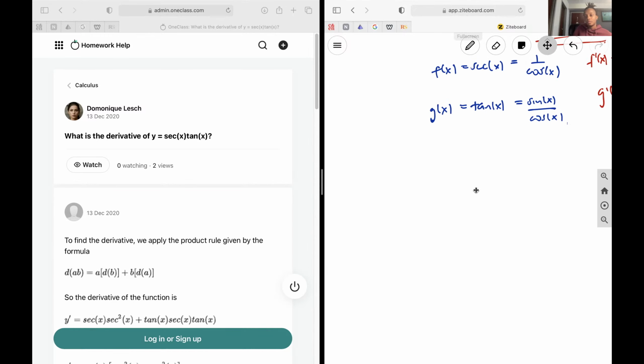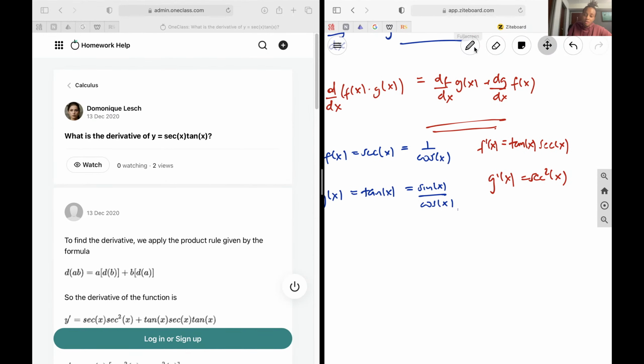Okay, so back up here, I put this all back into this formula, and I get that the derivative of secant x tan x is equal to df over dx, so tan x secant x, multiplied by g of x, so tan x, plus dg over dx, so secant squared x, multiplied by f of x, so secant x.